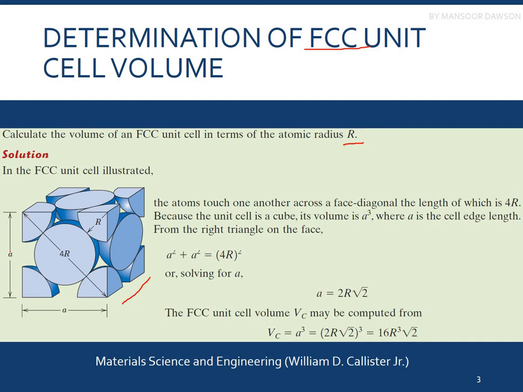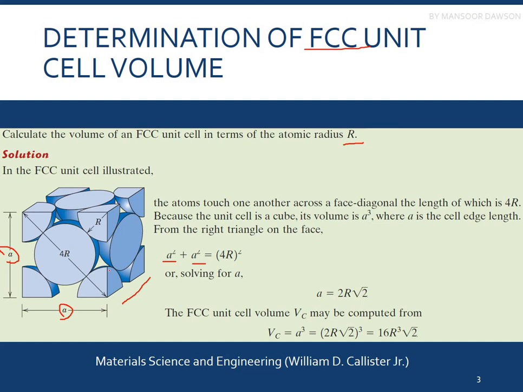Calculating this edge length in terms of r, you can see that this is a right angle triangle. From it, perpendicular square plus base square would be equal to the hypotenuse square, which is 4r squared.